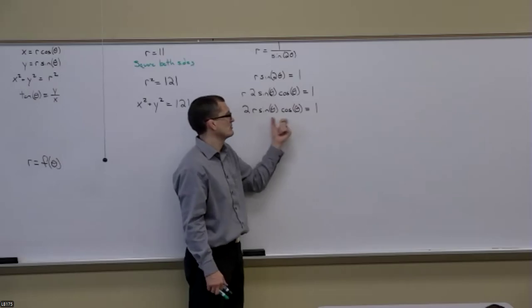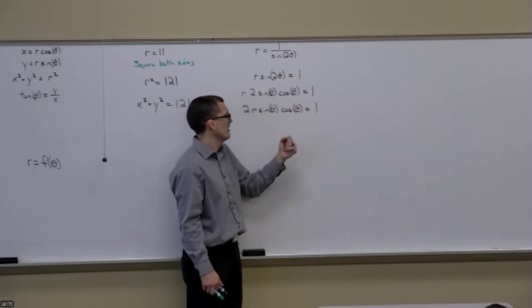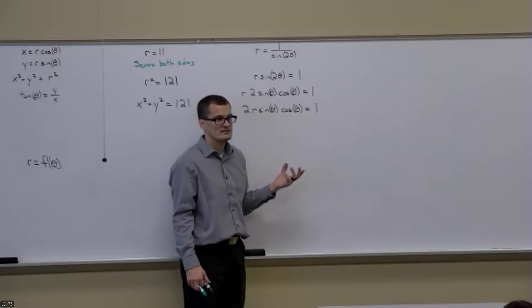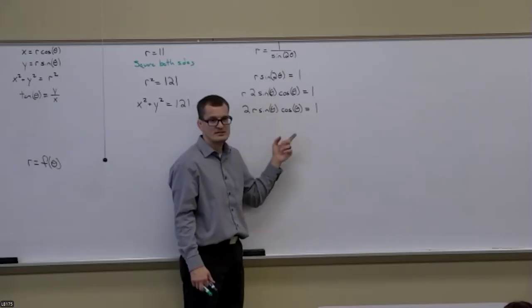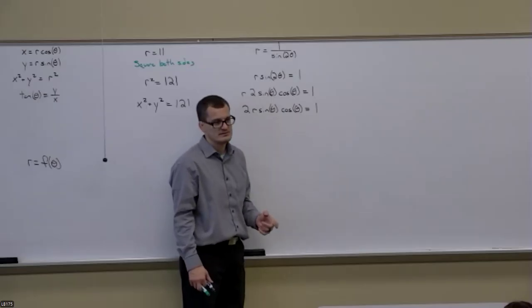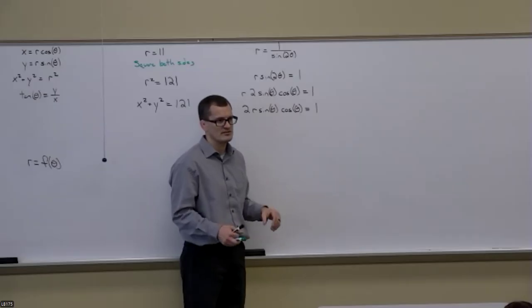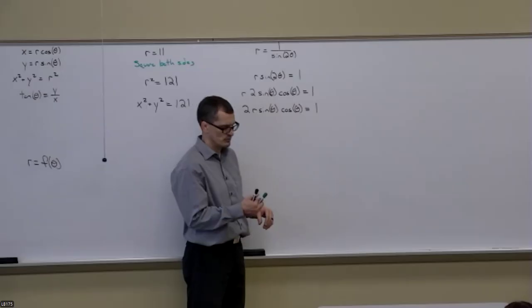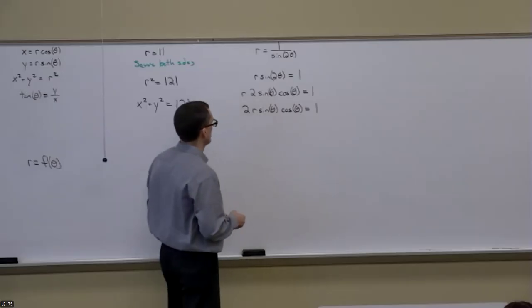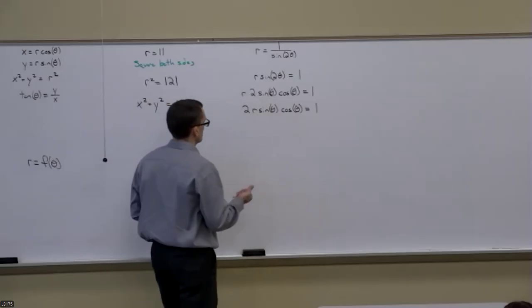I guess I could multiply both sides by r and then square everything. I might lose some information. You guys know what I mean by that? Lose some information because you square both sides. Or I might gain some information. So I could do that.